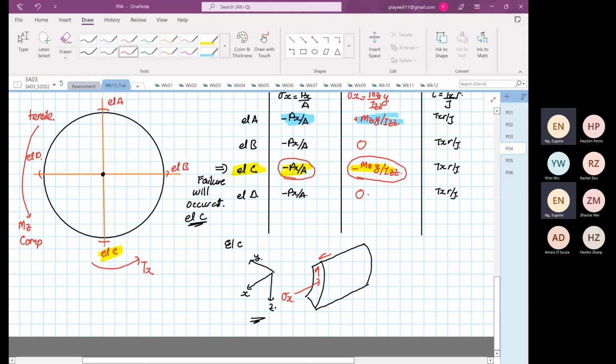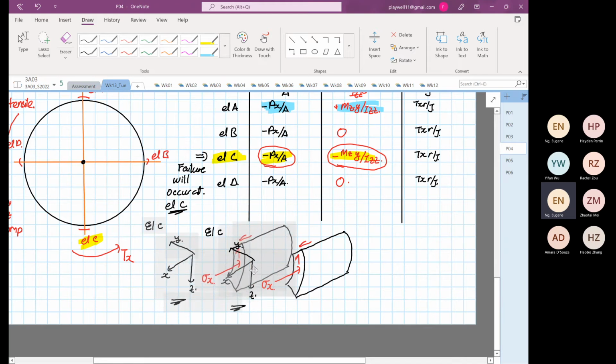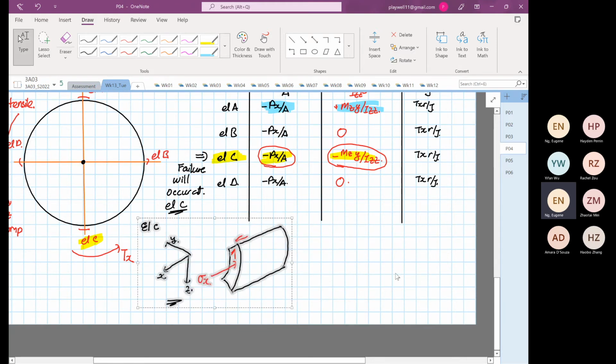So when that's the case, we are going to label this into points on our Mohr circle. This will be our point X, so this is our point X surface.